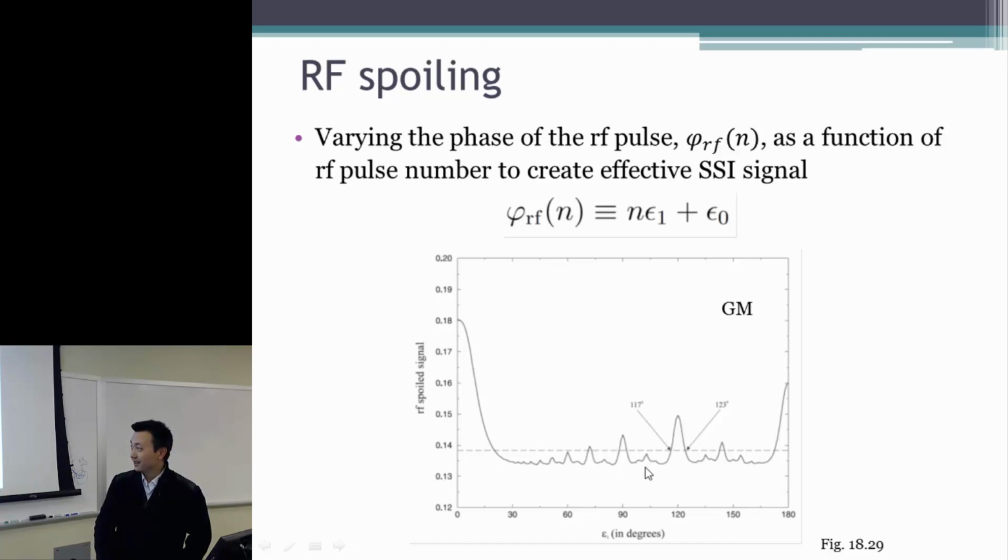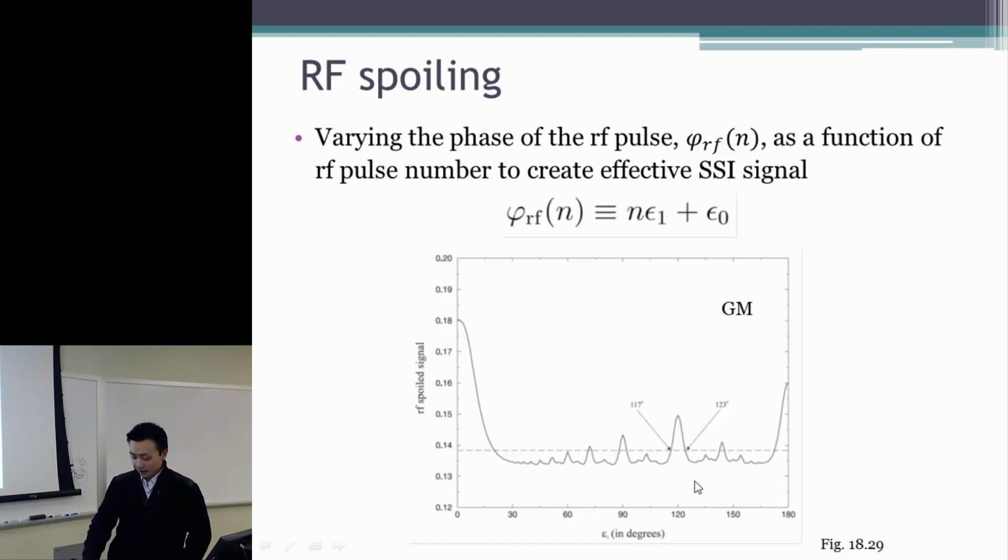So we can find that there are two specific phase numbers: 117 degrees and 123 degrees. These two can give you a signal that is very close to the expected SSI signal, and it works very well for both the gray matter and the white matter.